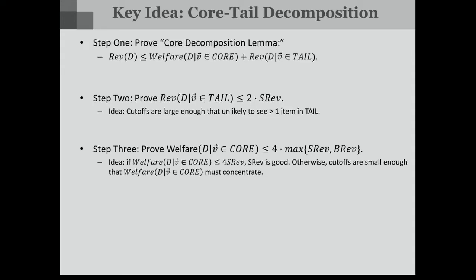So that means we have a bunch of independent random variables that are each bounded above by Srev, and the expected sum of these random variables is larger than 4 Srev. And it turns out that this is actually enough information to show that the welfare of the core must concentrate. And when the welfare of the core concentrates, we can use the same trick we saw in the example and just set a price equal to about half of the welfare of the core, and then with good probability, the buyer's values will be above this and he'll choose to purchase, so Brev gets you a constant factor there.